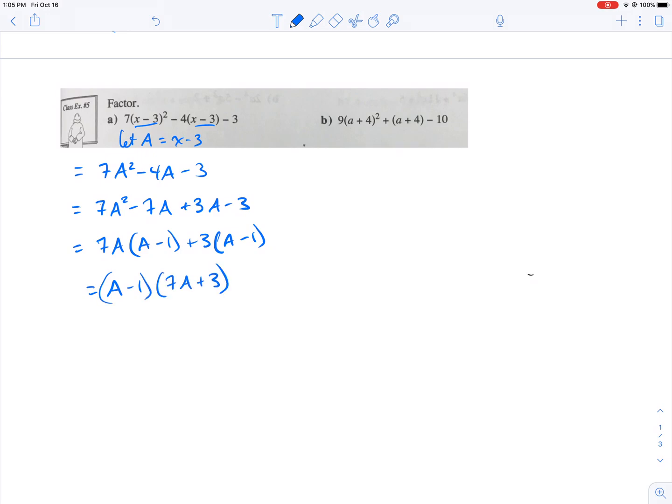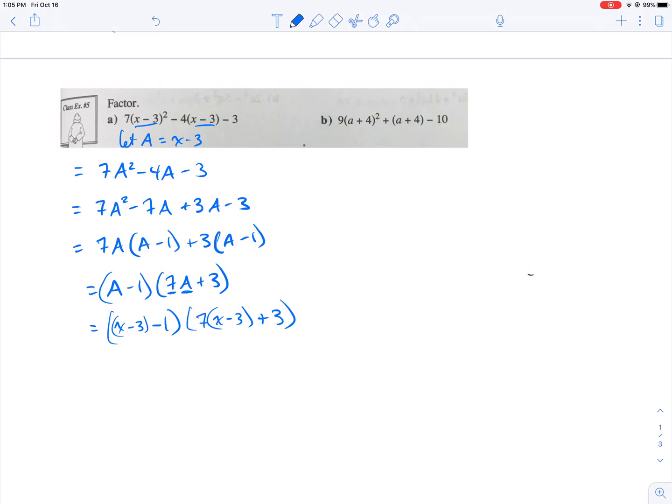Now, a, we stated, was x minus 3. So let's plug that in. X minus 3, and I'm just going to put a little bracket around that. Just keep it safe. X minus 3.